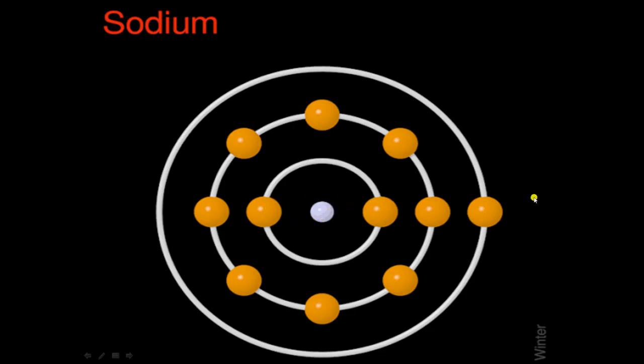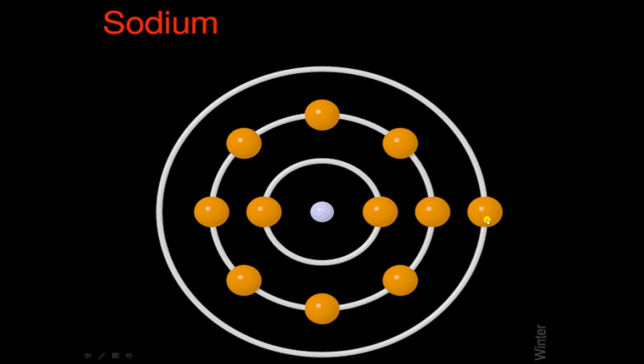Now if we give energy to this atom, then the outermost shell electron will absorb energy and get ejected from the shell.